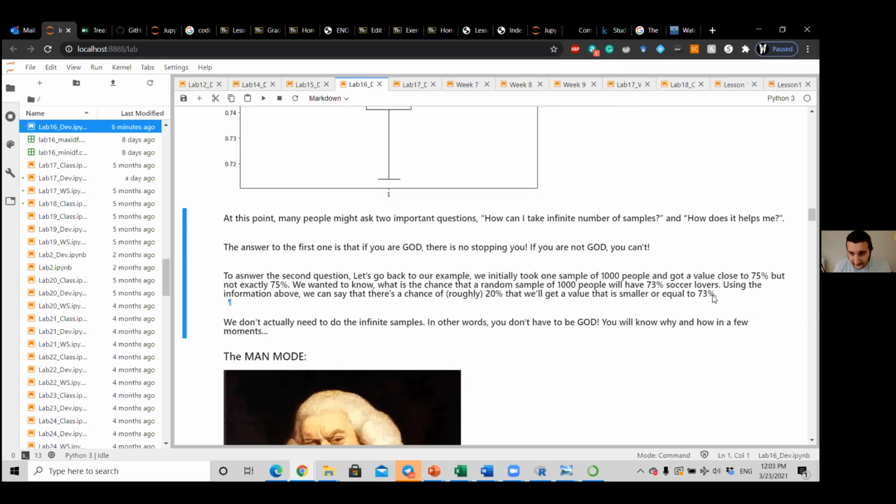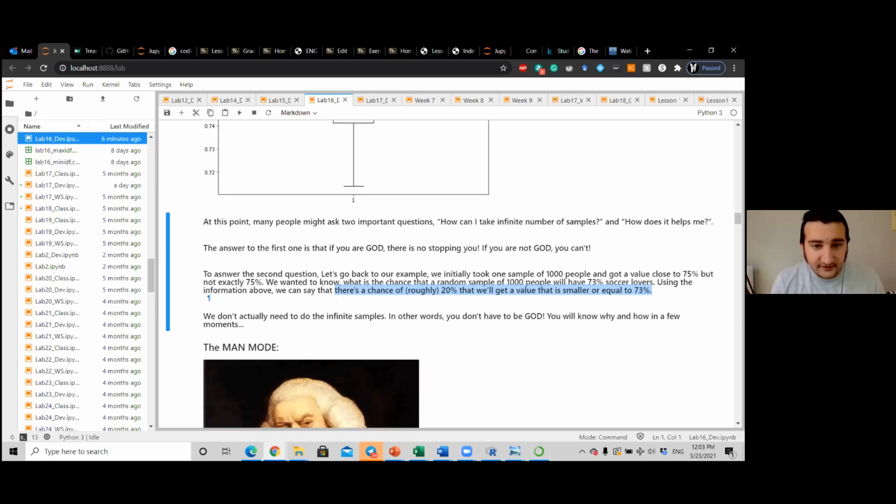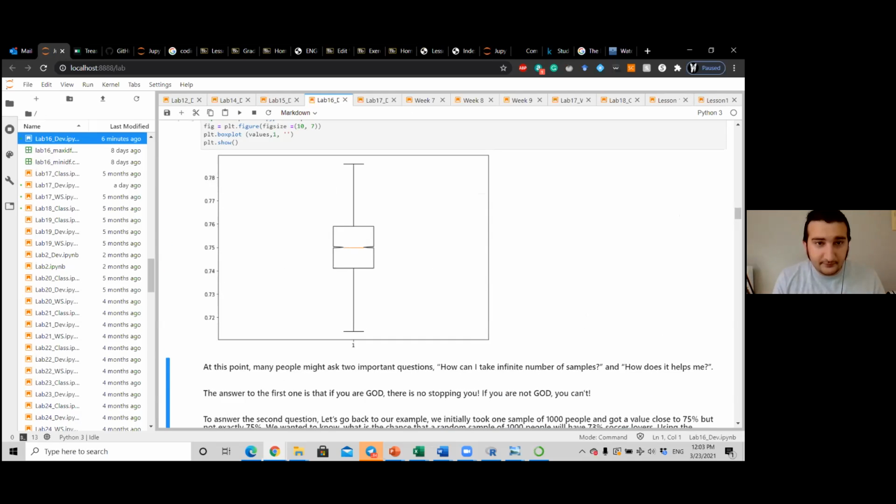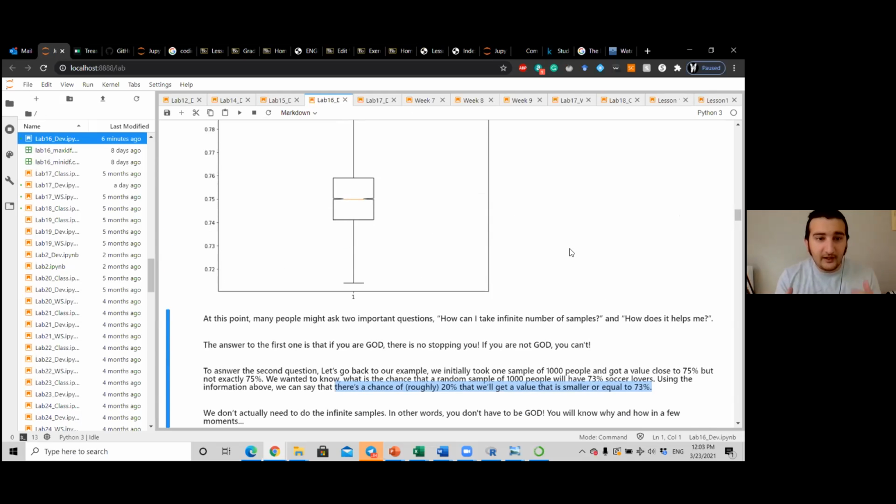So let me highlight this. Read this statement. There is a chance of roughly 20% that we will get a value that is smaller or equal to 73%. Look at this plot and tell me how I am making that assessment.